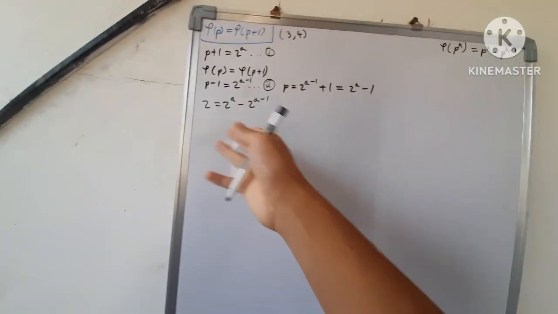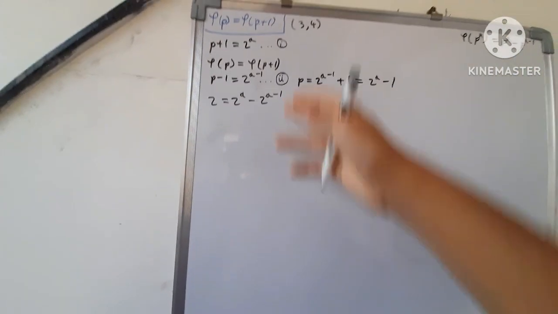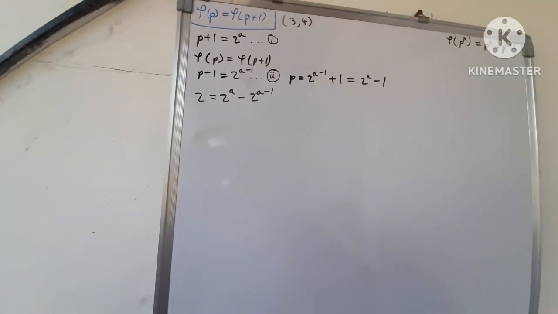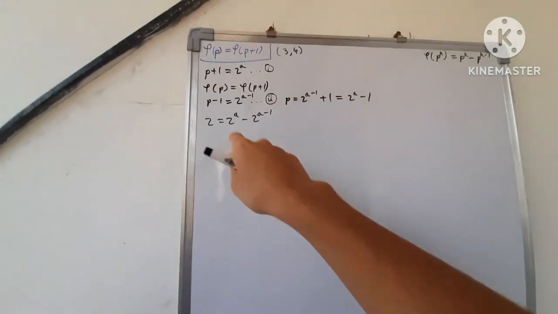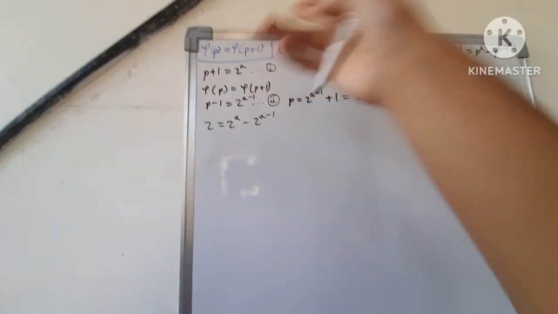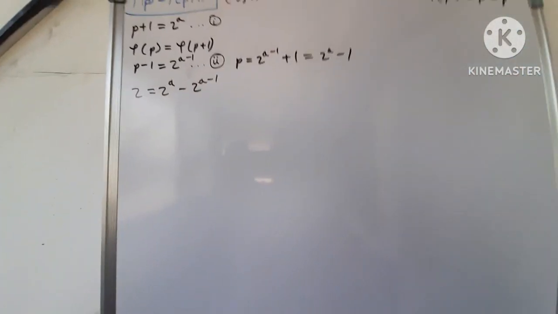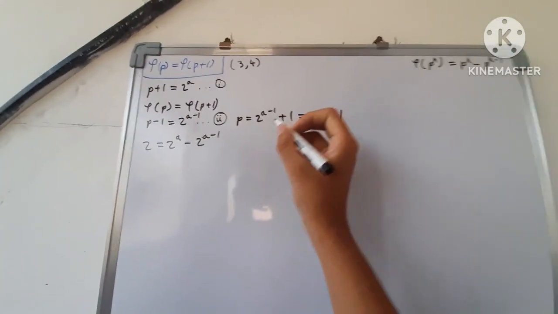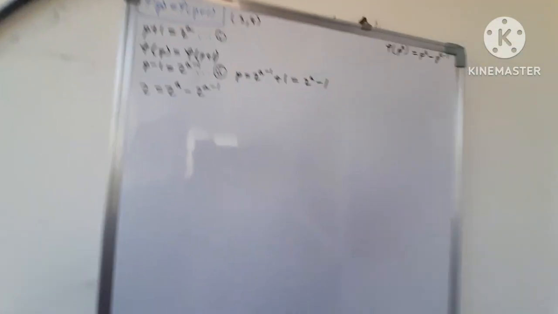As we'll see in a second, a equal to 2, which means p plus 1 is 4, is the only solution to this equation. But I just want to point out that it's both a Fermat prime and a Mersenne prime.